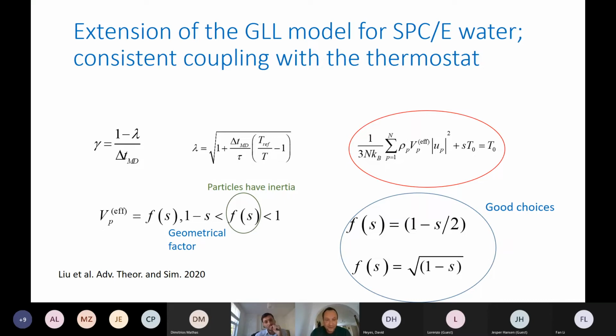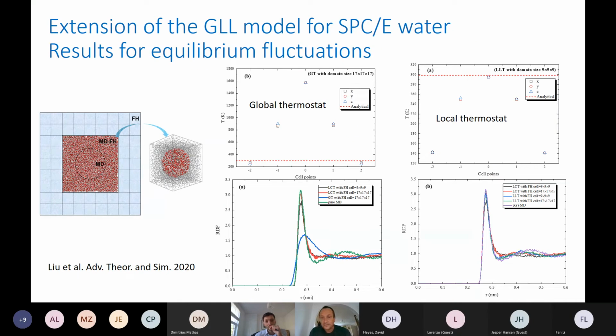And that was published back in 2020. And we had some good results both for the radial distribution function and for capturing the correct local temperature in the pure molecular dynamic zone.